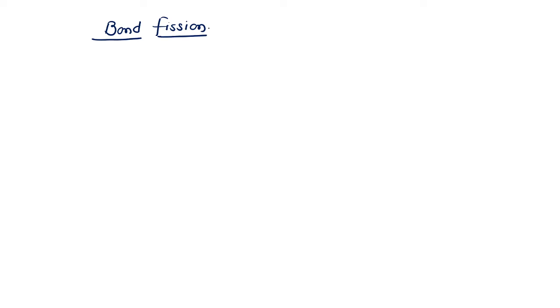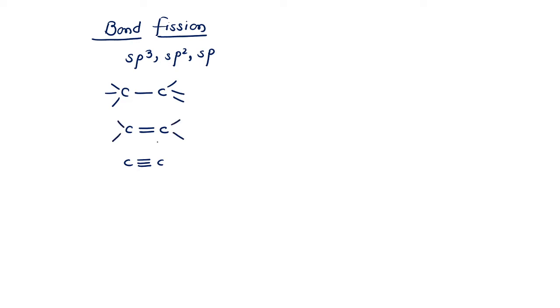Dear students, I have told you that in our organic chemistry, we have sp3, sp2 and sp carbon. And we have carbon-carbon single bond, carbon-carbon double bond, and carbon-carbon triple bond. Now, actually, if a reaction has to take place, this bond has to break.